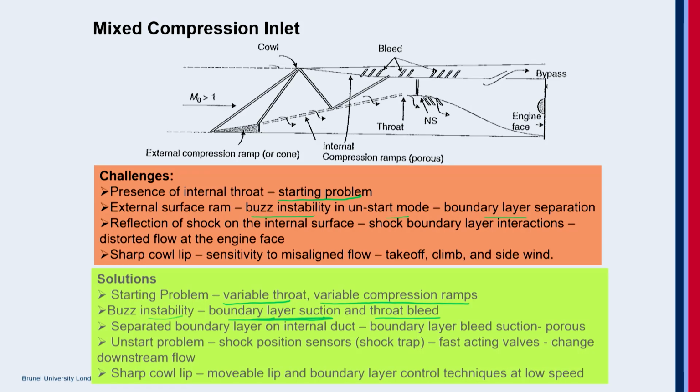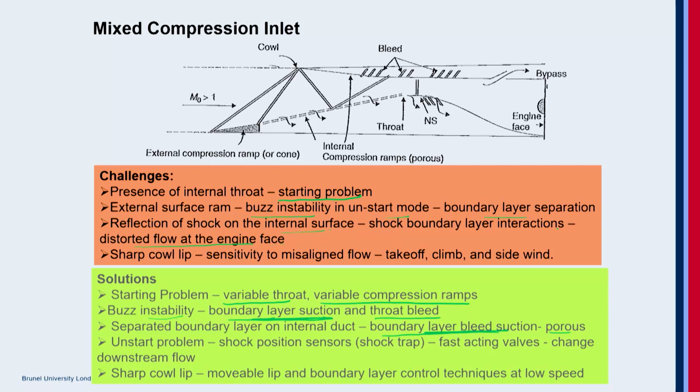So you can have boundary layer suction techniques employed. A reflection of shock on the internal surface, shock boundary layer interactions, and distorted flow to the engine is a problem. Now again, boundary layer suction and porous materials could be used in these mixed compression inlets.